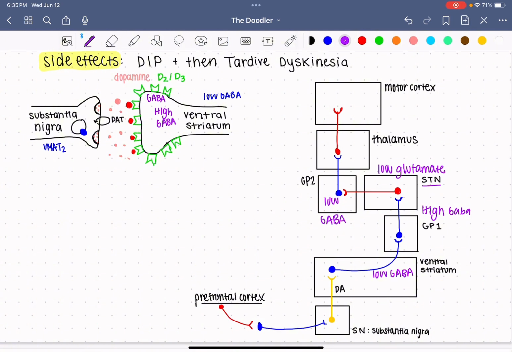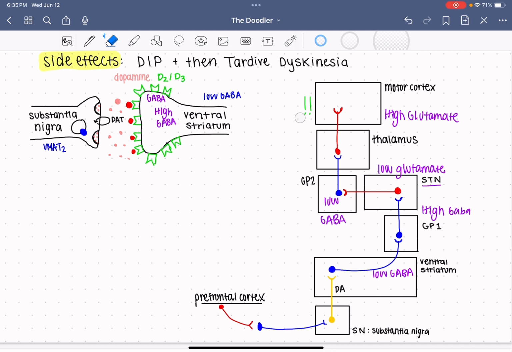And then low GABA means it's not going to be inhibiting the next glutamate, so you're going to have high glutamate. And when you have high glutamate, you have the go pathway initiated. And so now we're going to go. So it's go pathway and you're moving. And so this is what happens under normal conditions when dopamine is released.